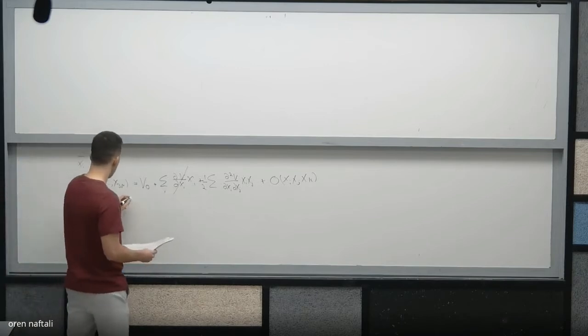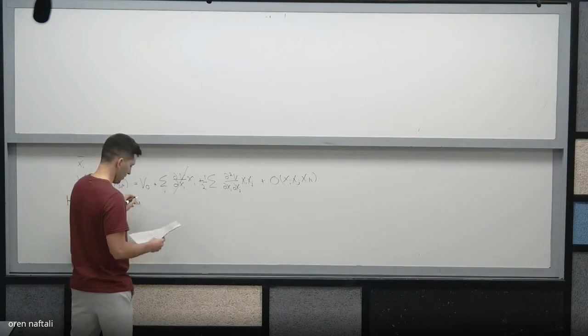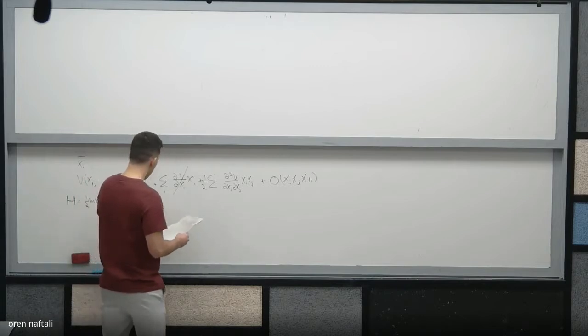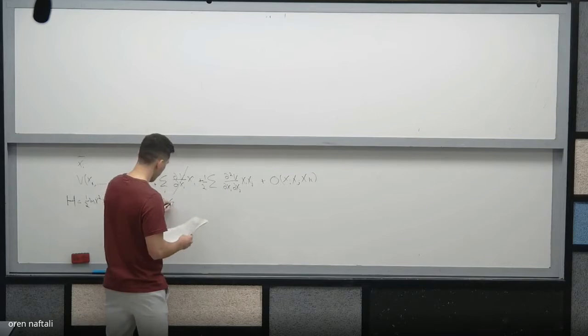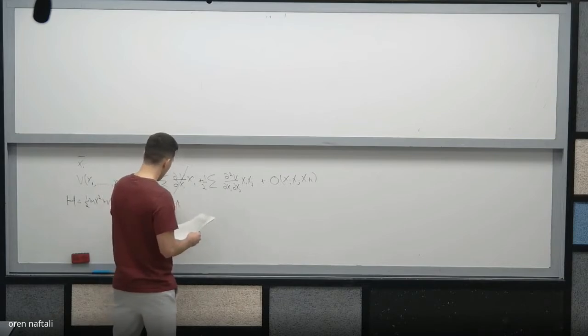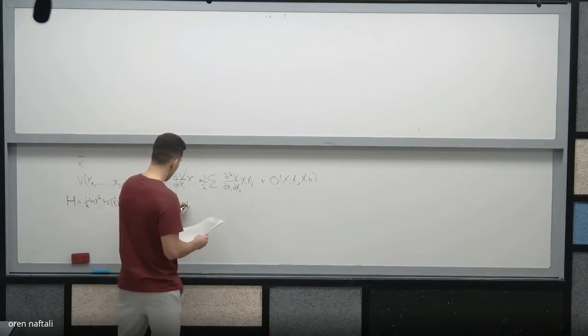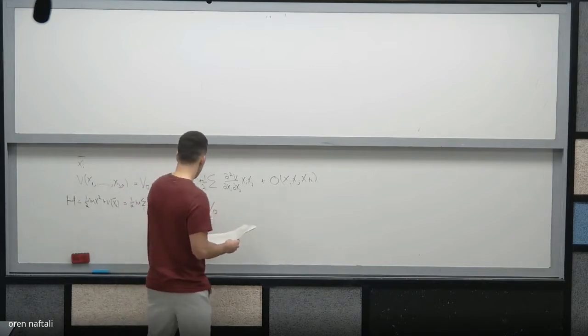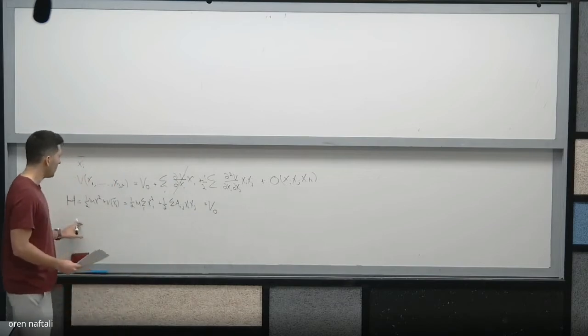We can write it as the sum over i of the kinetic term in x dot i, plus 1/2 sum of Aij xi xj. So this is the Hamiltonian.